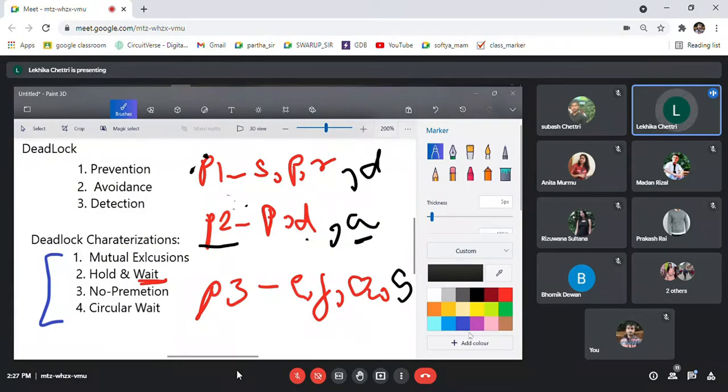Now see here, what is the problem here? The problem is P1 has resources S, P, and R. It is waiting for D.